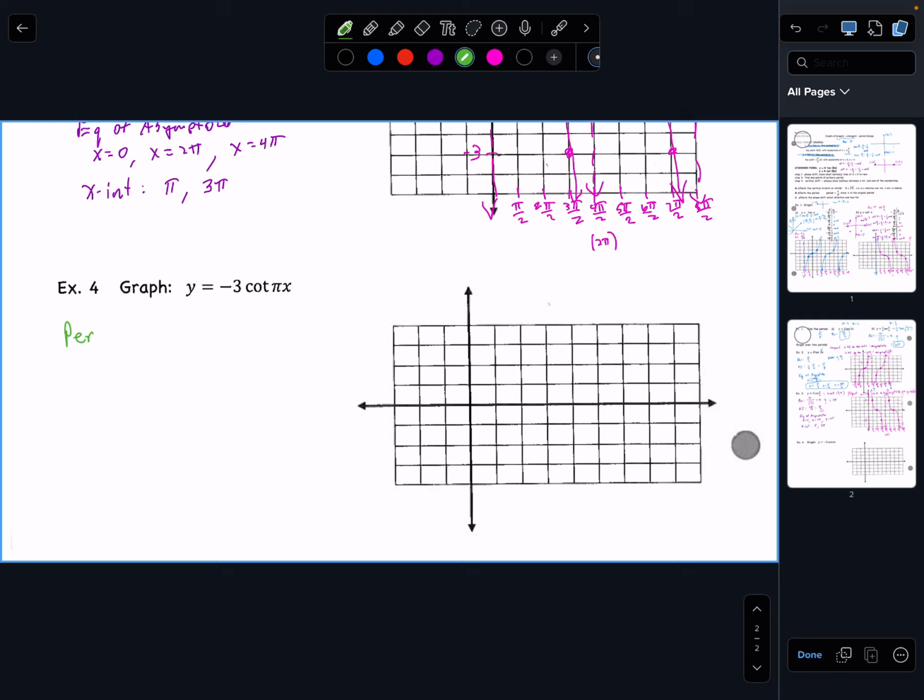So looking at that, the period is pi divided by b, which is pi divided by pi. And so the period is 1. And then the key increment is 1/4 of that. So the key increment is 1/4.